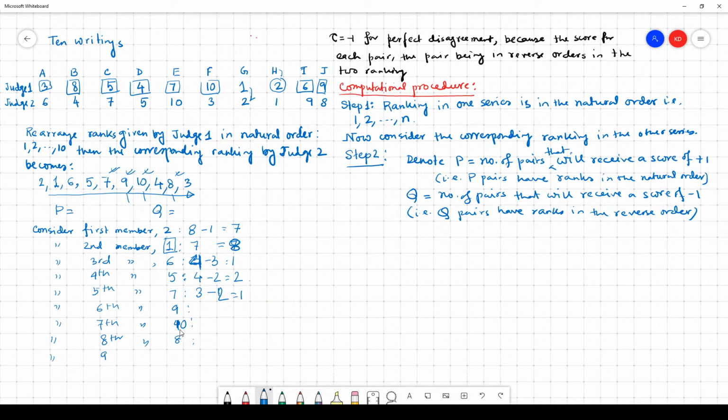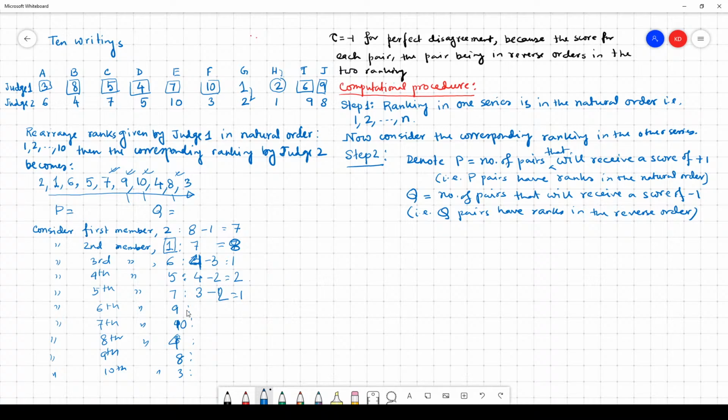Then the 7th member is 10. 1, 2, 3, 4, 5, 6, 7. The 8th member is 4. The 9th member is 8. And the 10th member is 3. So please tell me the values. Okay, Shayok, please check. Is it not? It is 8. You are not right.